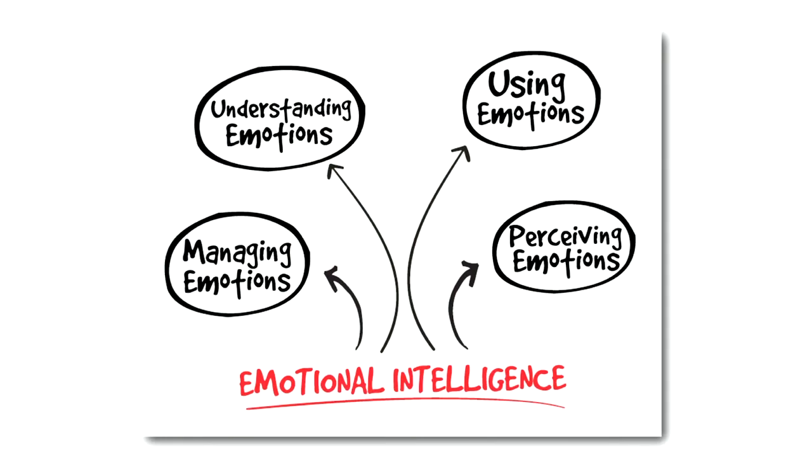So here we have on the left, managing our emotions, how important it is for us to have our own emotional world under some control. We're not lashing out, we're not exploding, we're not overreacting, those kinds of things.